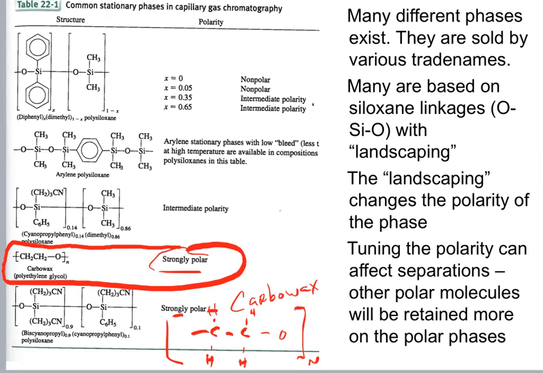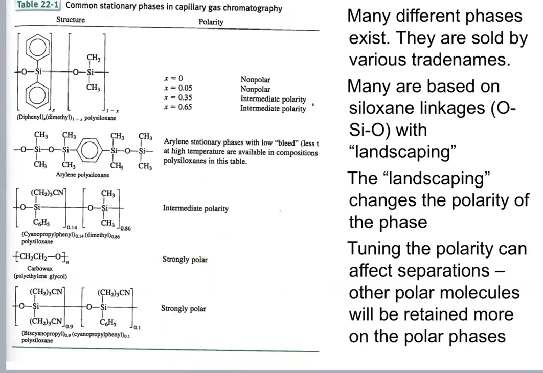This phase, sometimes you need to see that thrown around, particularly with PAC combs. It's a strongly polar phase, and many times people will buy this Carbowax column to separate molecules, small organics, which are polar. Okay, you'll see that in the PAC comb technology a lot. But nonetheless, this is the different palette of materials which make up our stationary phases for GC.